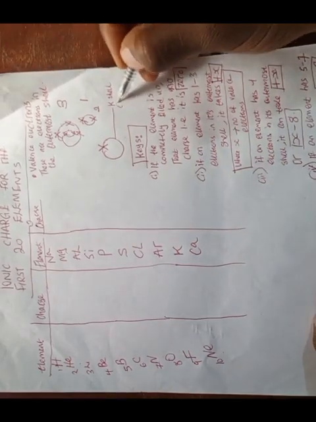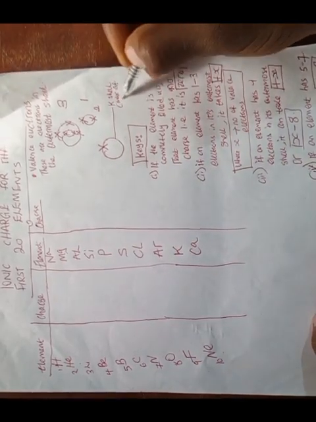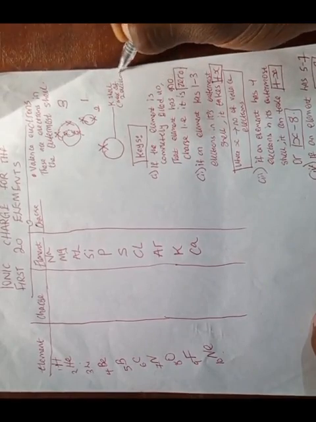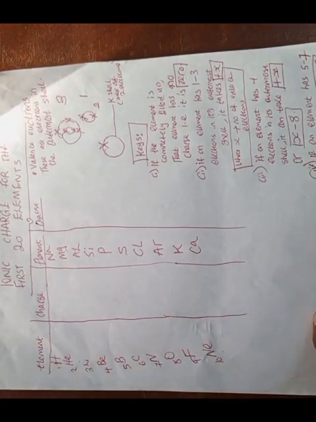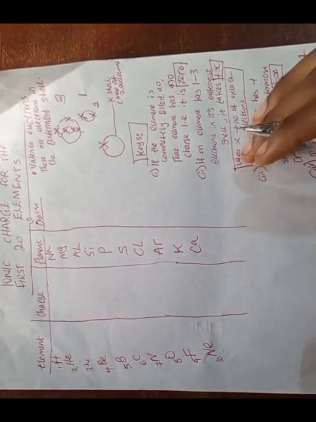The K shell can only take a maximum of 2 electrons. Now all subsequent shells that we'll be drawing will take a maximum of 8 electrons. Are we together? The first inner shell can only take a maximum of 2 electrons.